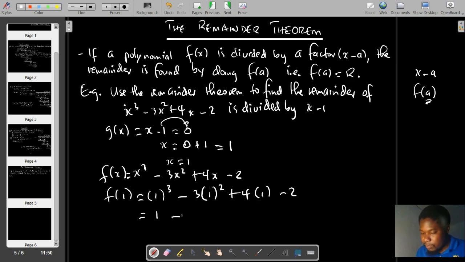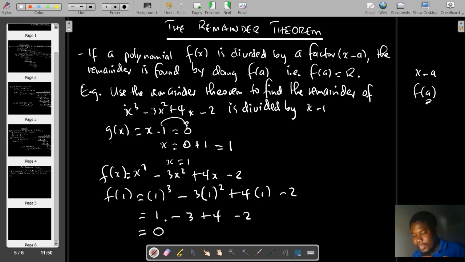That gives us 1 minus 3 plus 4 minus 2. When we do the manipulation, 1 minus 3 is negative 2, plus 4 is positive 2, minus 2 is 0. That's what you end up getting.